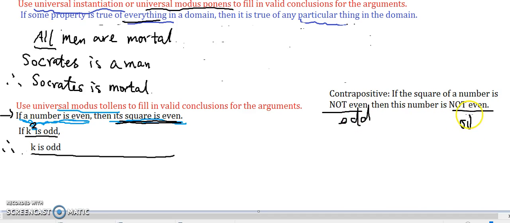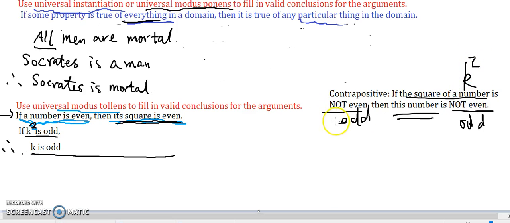So the contrapositive is saying if the square of a number is odd, then this number is odd. And because k squared is odd, it's a special case, because the square of a number could be the square of any number, so we plug k in for this number, and the square of a number would be k squared.